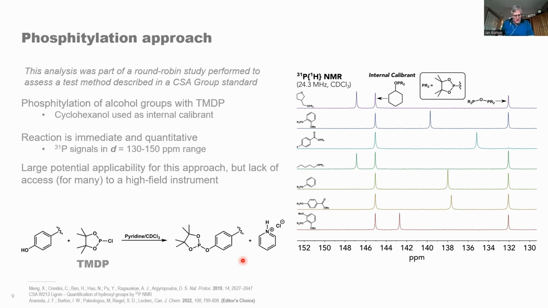I can never remember the name of it. But it's basically a phosphoryl chloride, which reacts with anything with an OH group. And what we see here on the right is the different chemical shifts that come about in the different environments.